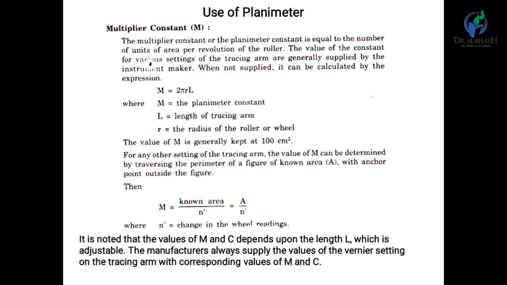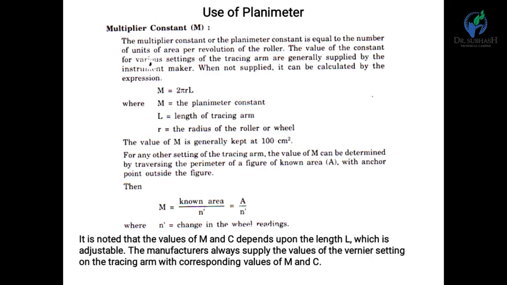Another method for finding the value of M is the known area method. For that method, first we have to draw a shape whose area we know, and trace it with the tracing arm, and we put the value into the equation.